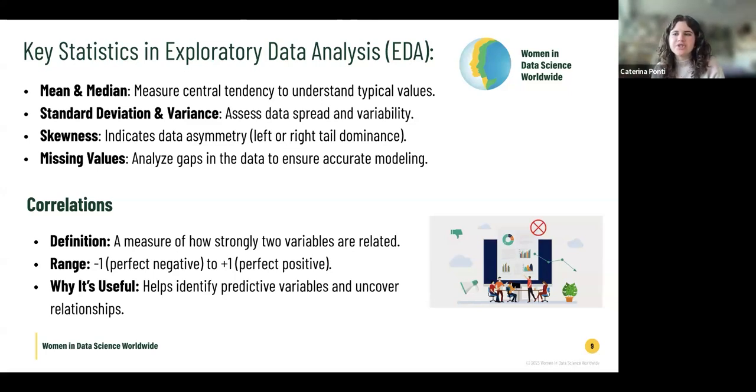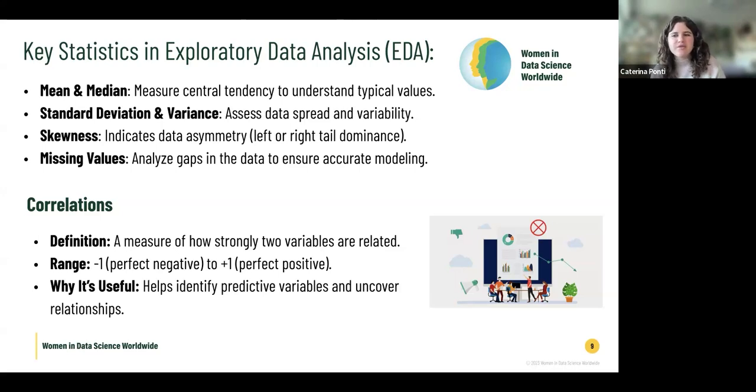A perfect positive correlation means that as one variable increases, the other one also increases consistently in a linear manner. -1 instead is a perfect negative correlation. As one variable increases, the other one decreases in a consistent linear manner. And low correlation is when values are really close to 0, and that suggests a really weak or no linear relationship between the variables.